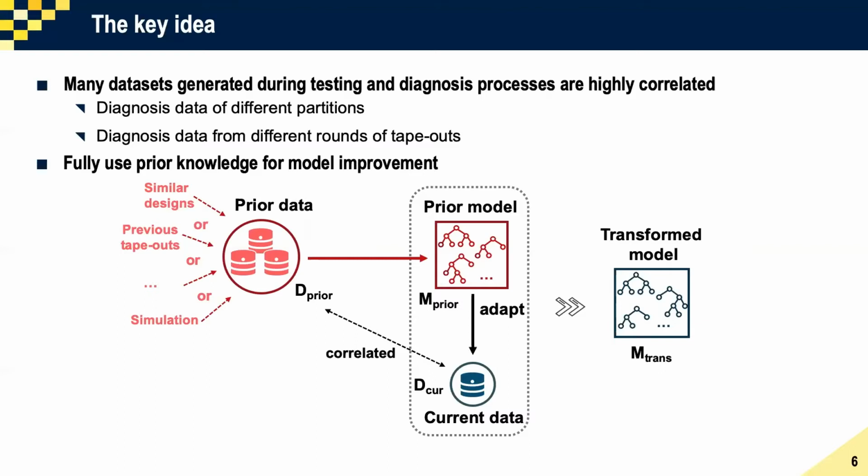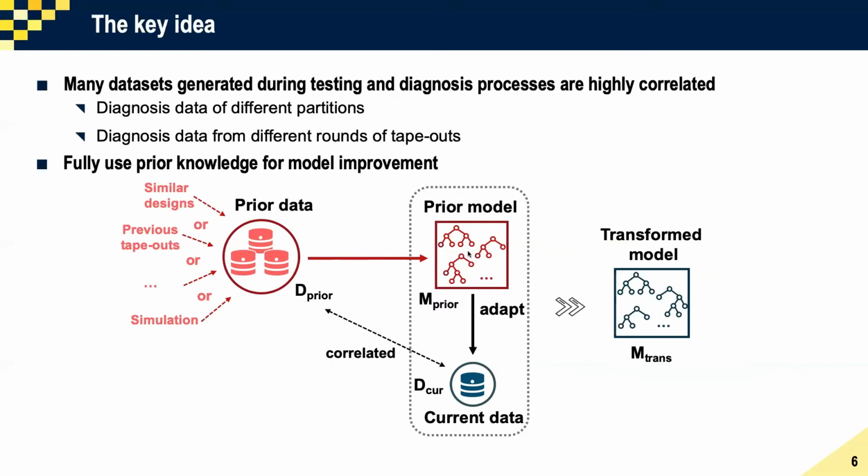We suppose the current data at hand is quite limited, but we have a bunch of prior data which is correlated to the current data. The prior data are supposed to be sufficient in amount for training a good prior model, which encodes the prior knowledge.